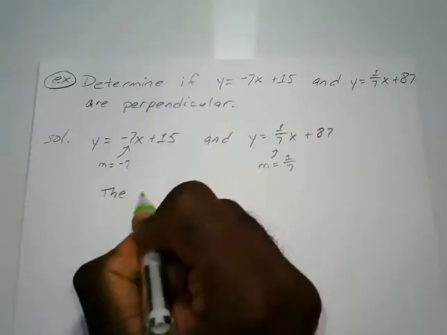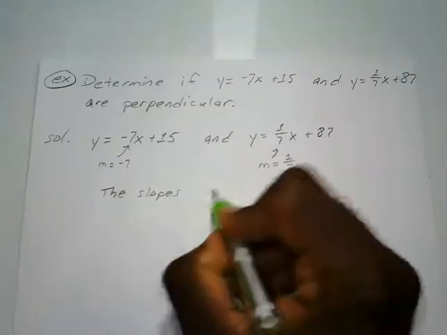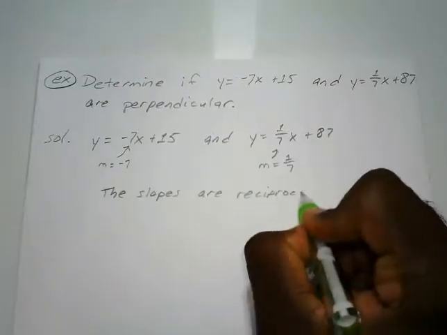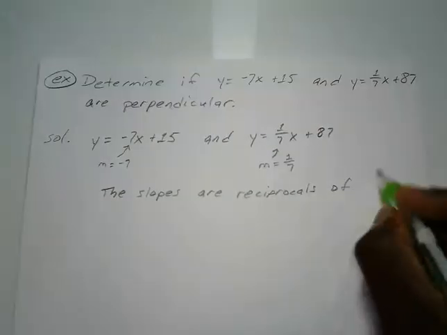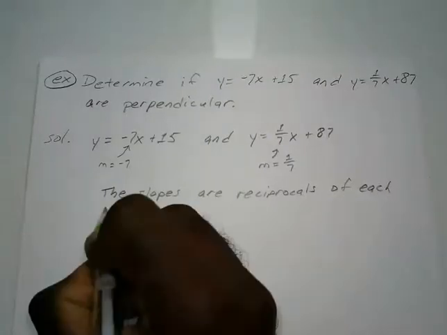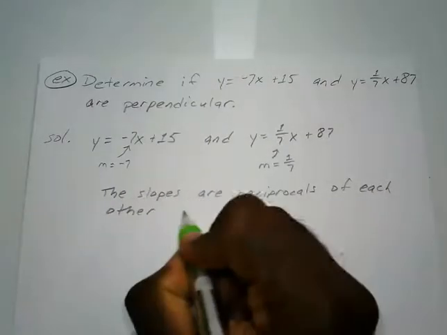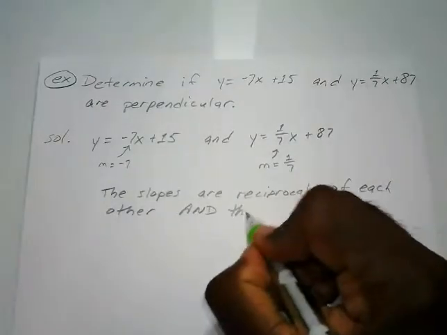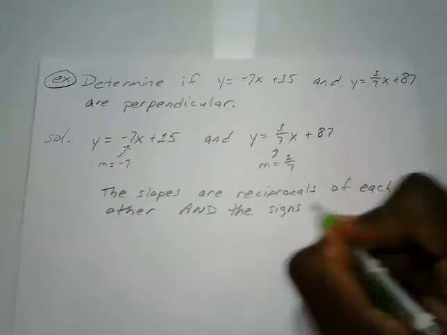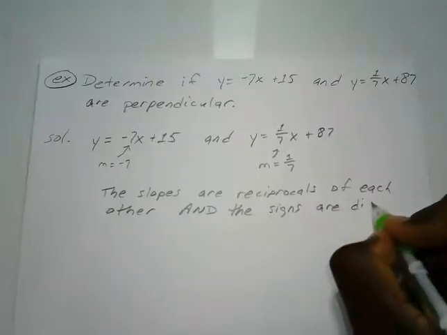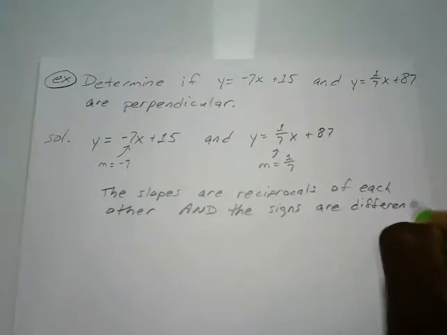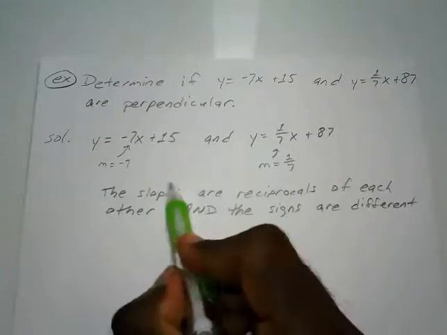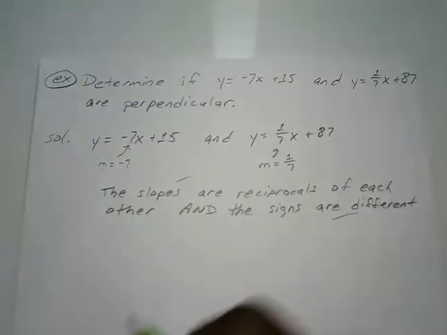So the slopes are reciprocals of each other, and the signs are different. As long as both of these are met, we're good, so they're perpendicular.